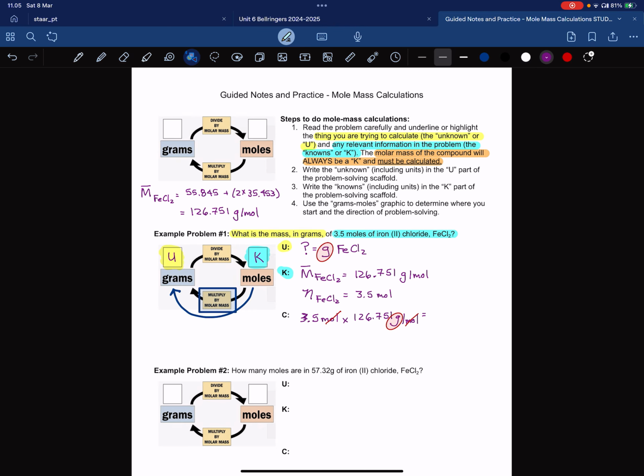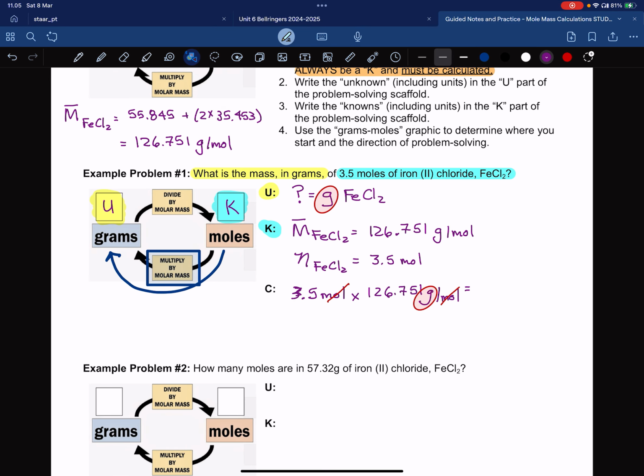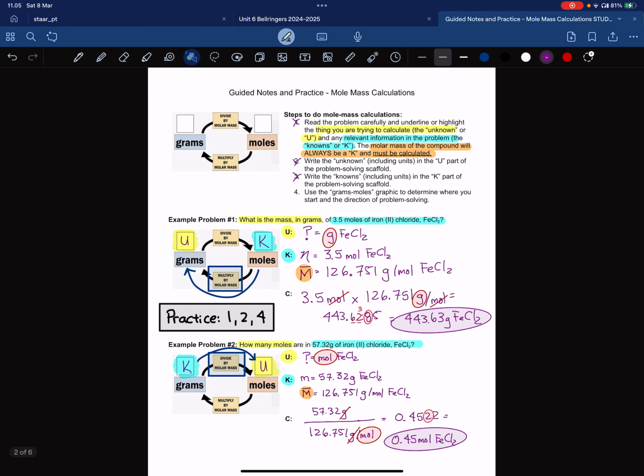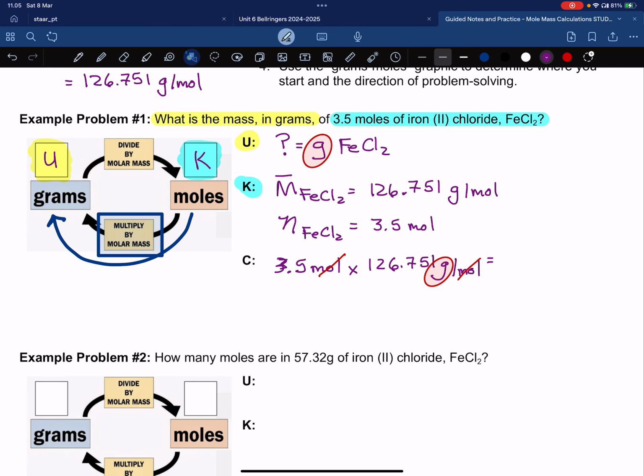I'm just going to check what that number is so we can do the rounding, and then I'm going to explain a bit more about canceling of units. What you get in your calculator is 443.6285.